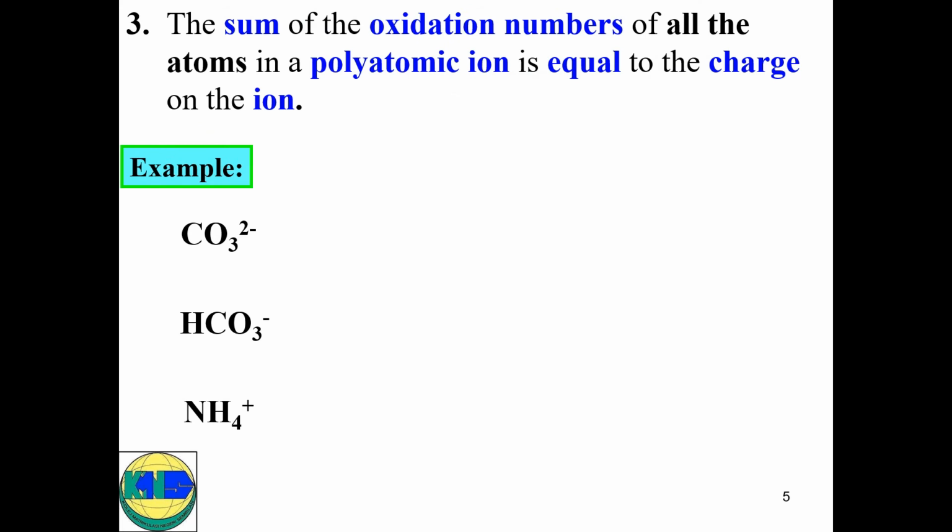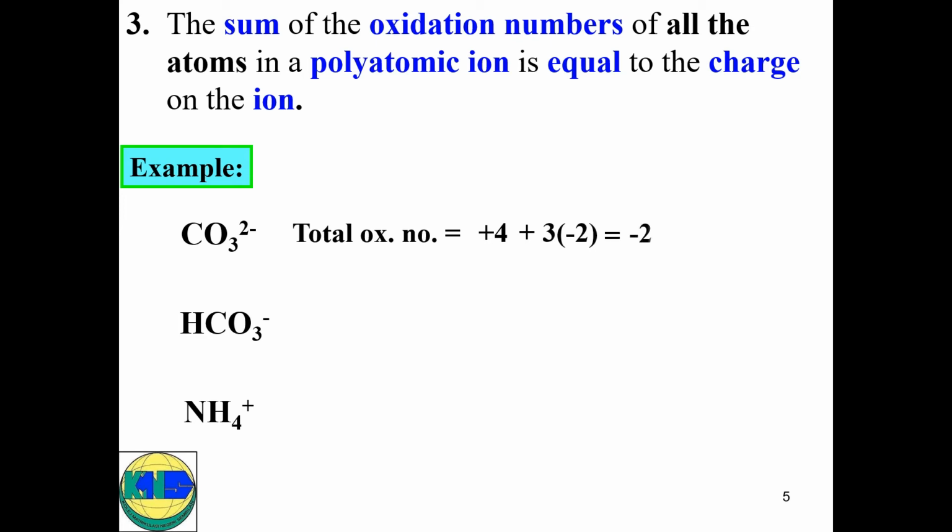The sum of the oxidation numbers of all the atoms in the polyatomic ions is equal to the charge of the ions. Look at the following example. Carbonate ions: carbon is positive 4 plus oxygen, which is negative 2 multiplied by 3.